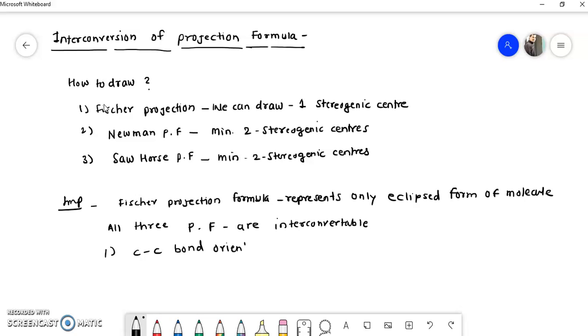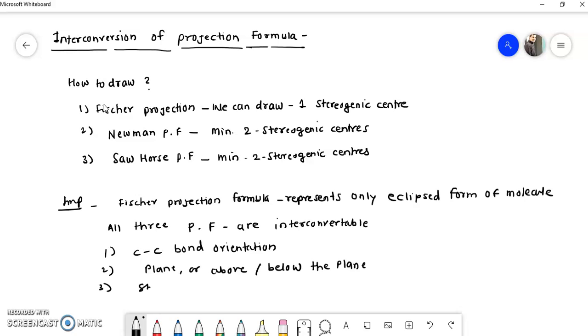Then whether the bonds are in the plane, above the plane, or below the plane. Also, it should not affect the stereochemistry at the different stereogenic centers.